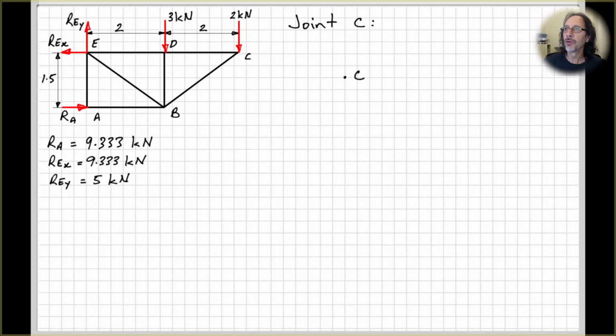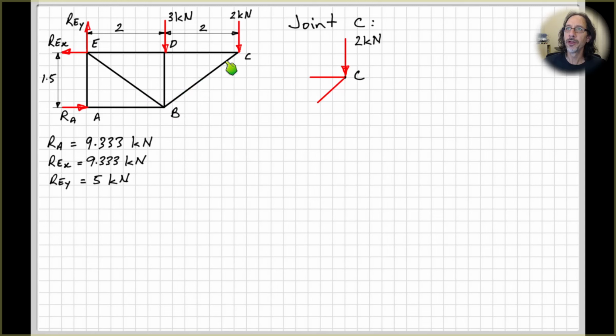All right, so let's draw our free body diagram, and because it's a particle equilibrium problem, it's just a dot, and start by putting on our known load. And then, because the trusses are made up of pin connected members, so pinned at each end, therefore all of the members of the truss are 2 force members in equilibrium.